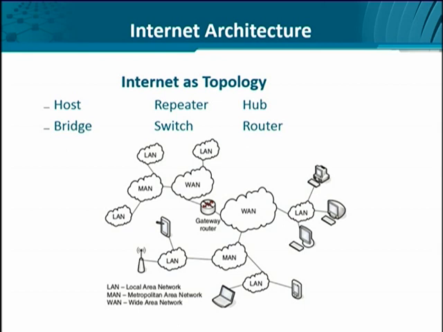So we can see that starting from local area networks, which converge into a metropolitan area network, multiple metropolitan area networks can then feed into a wide area network. These WANs are in turn connected to each other as autonomous entities through a gateway router.